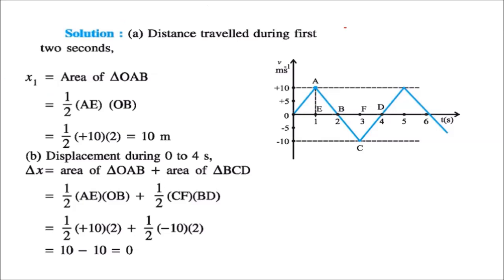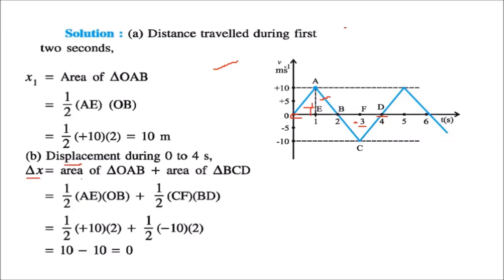In order to find the displacement during 0 to 4 seconds, we will first find the area of this section, that is triangle OAB, and this one, the area of BCD. But this we have to take as positive and this as negative in the computation of displacement.